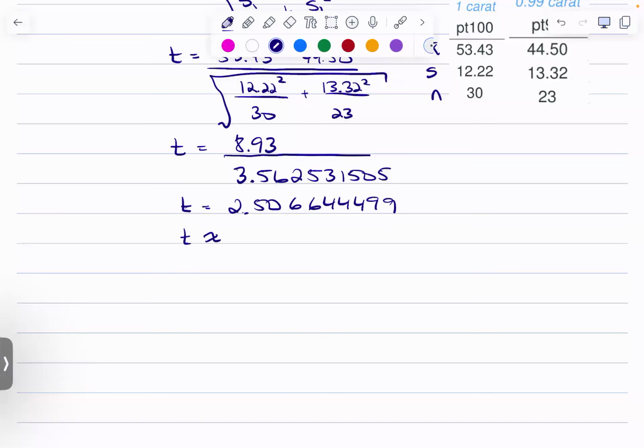So t is roughly 2.507 to 3 decimal places. If you wanted to, you could keep all the decimal places, but this should be okay.